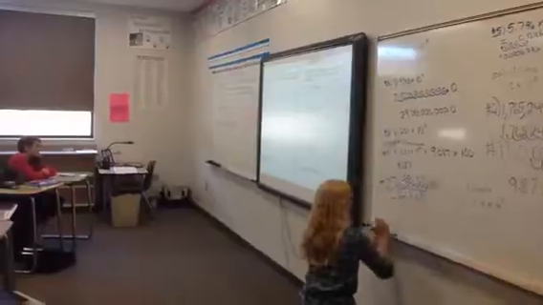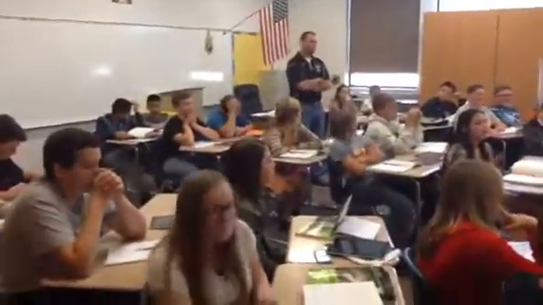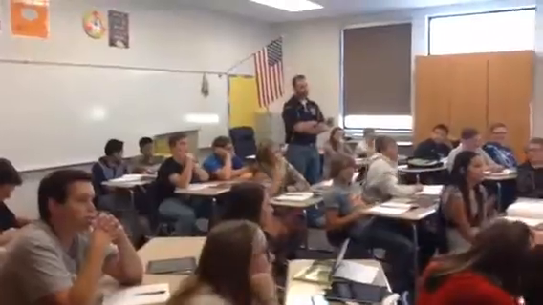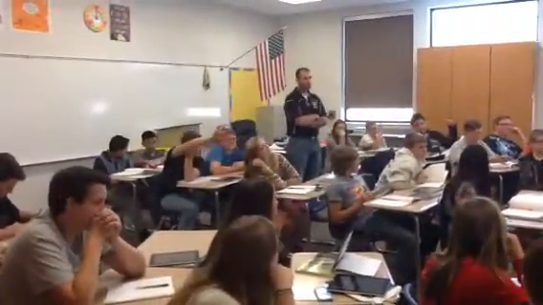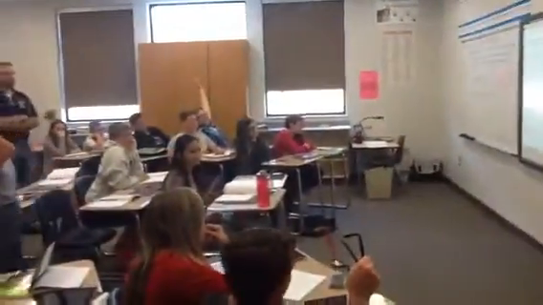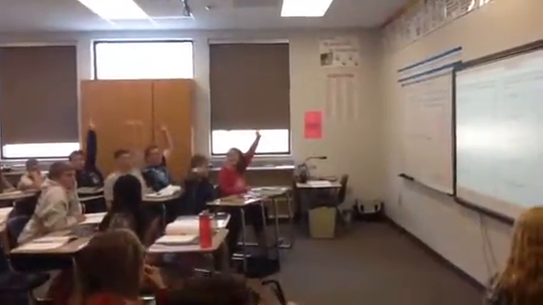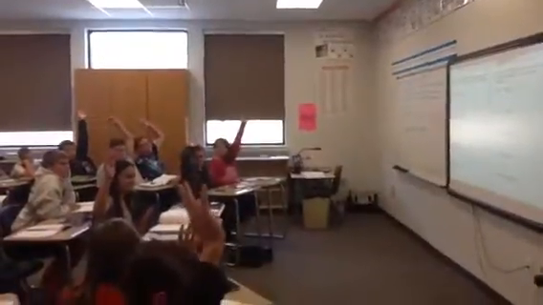All right, let's take a look at Kendra's up here, please. Jaden, can you help Kendra out with her mistake? Just help her out from your seat. So what you might do is look at your own work there and see if you did something different and go from there.